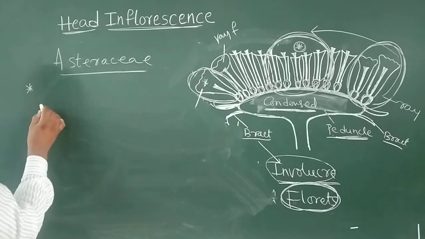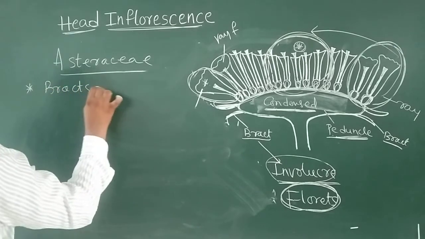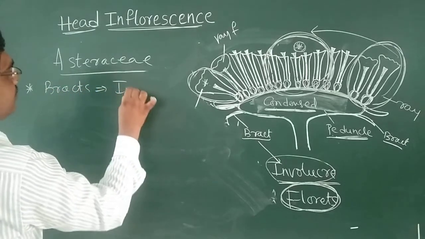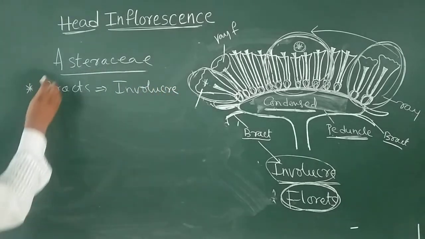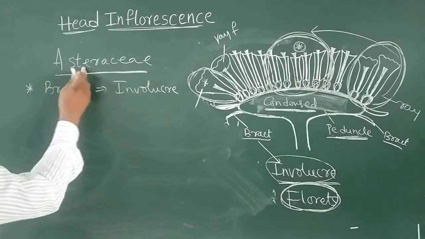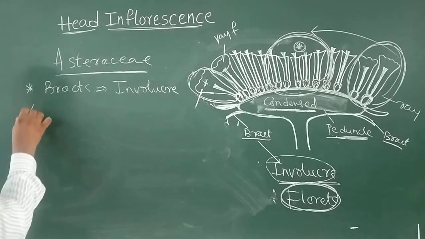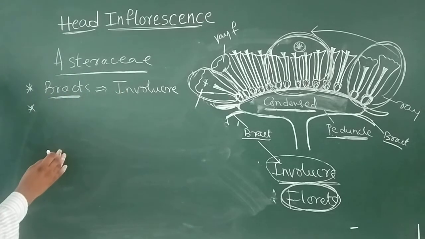In the Asteraceae family, the first one is that the bracts are modified into the involucre.